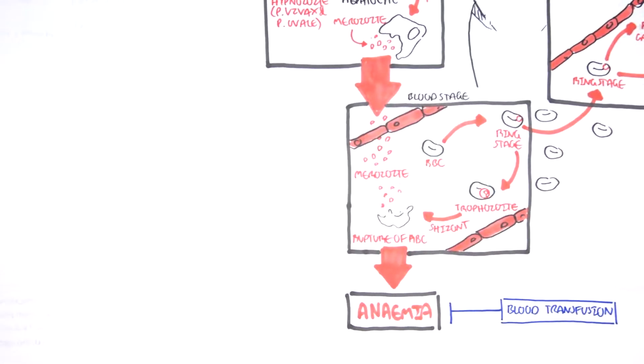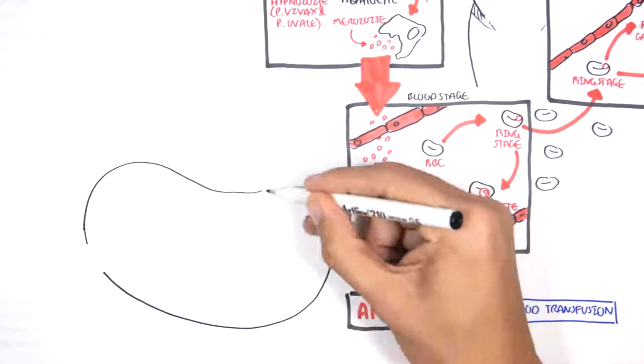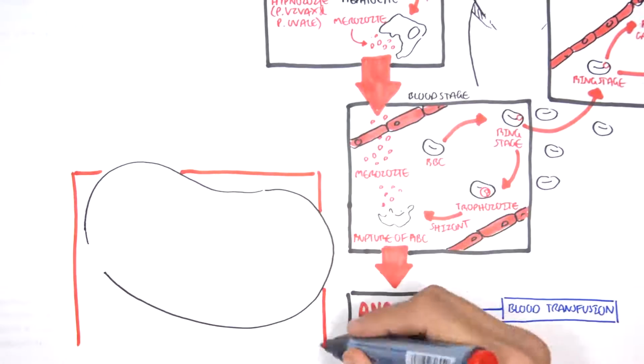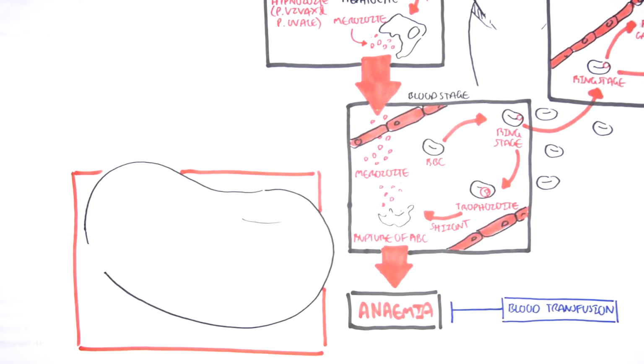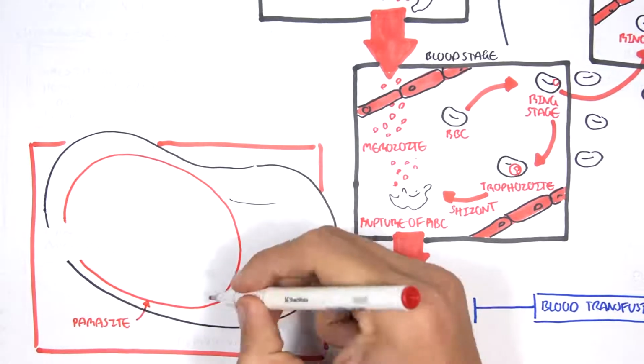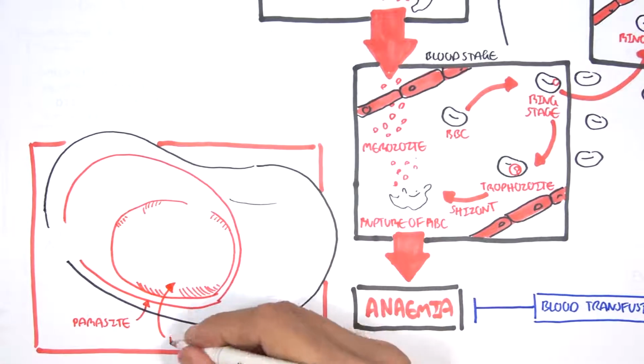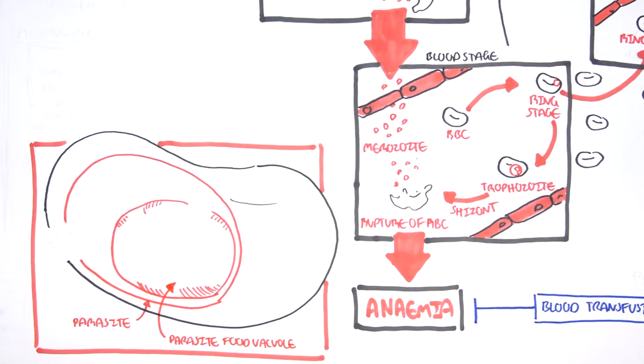To understand quinolones, we have to understand how the Plasmodium parasite survives in red blood cells. So here's a red blood cell, and here is the parasite. The parasite has what's called a vacuole, which is important for basically nutrition, metabolism.